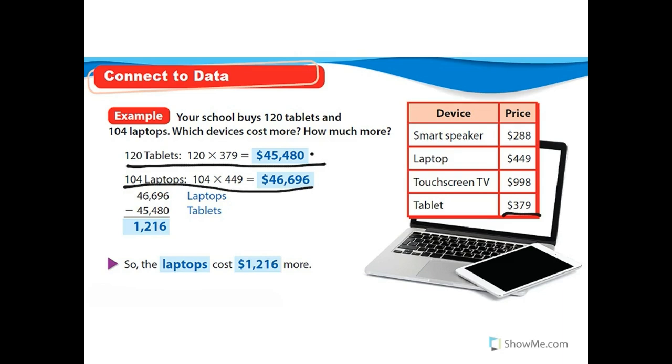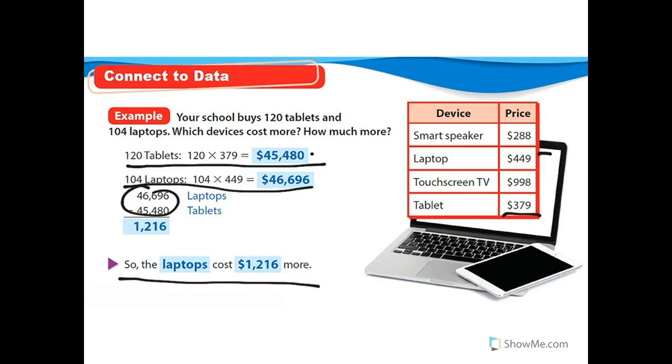And then the 104 laptops is 104 times 449. There's the 449 for the laptops. It's 46,696. So they take those prices and subtract them to find out how much more the laptops cost. So the laptops cost 1,216 more, right?